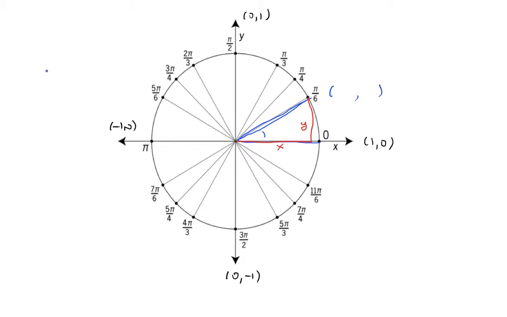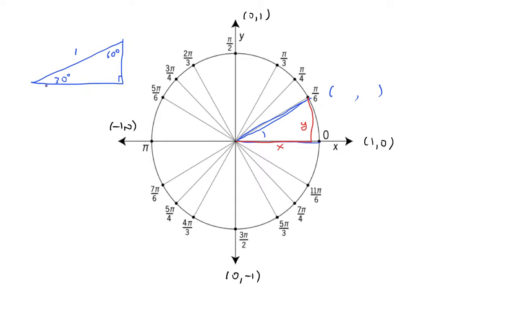The way I'm going to do it is to use the idea of special right triangles. For example, we know that this angle is 30 degrees, and this angle has to be 60 because this angle is 90. See this triangle that I drew right here? I'm just drawing it again. We also know that this length here is 1. What is the relationship in a 30, 60, 90 right triangle?